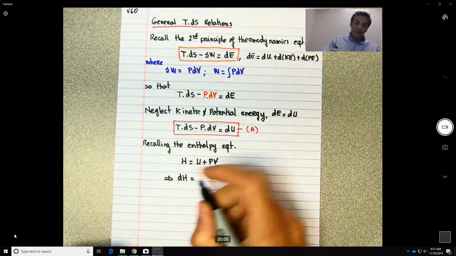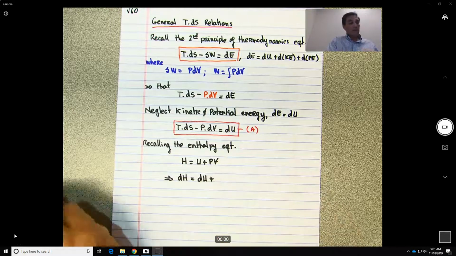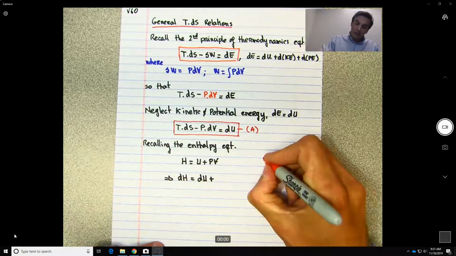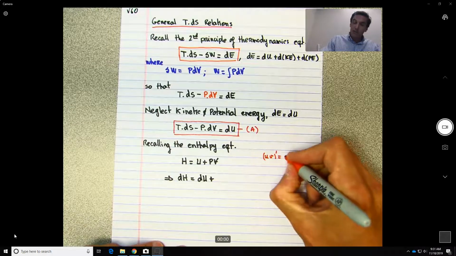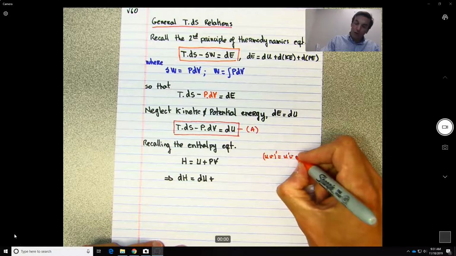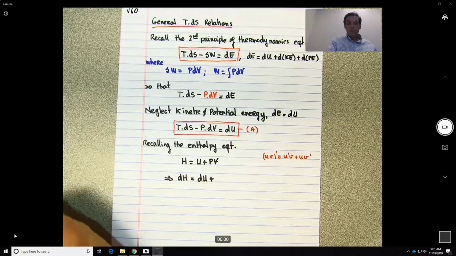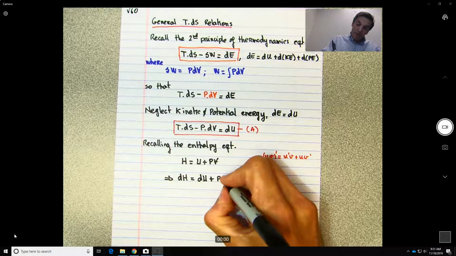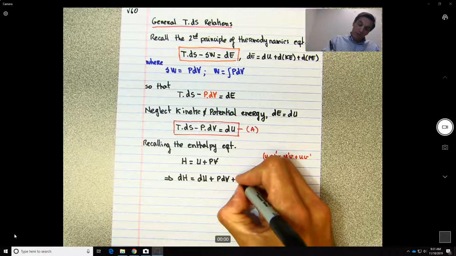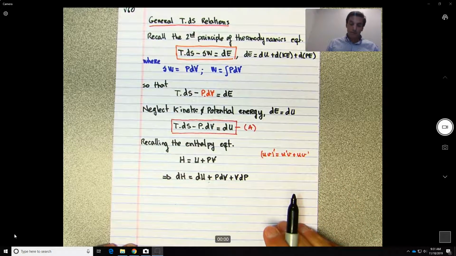This is dU plus what? This is like having a function u times v, so the derivative would be u prime v plus u v prime, no? So here we do the same thing. This would be dU plus P dV plus V dP. This would be the total derivative.